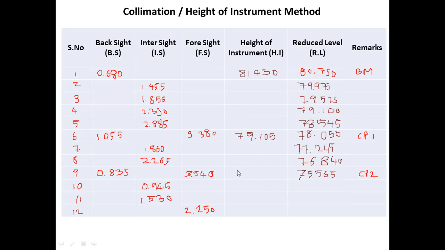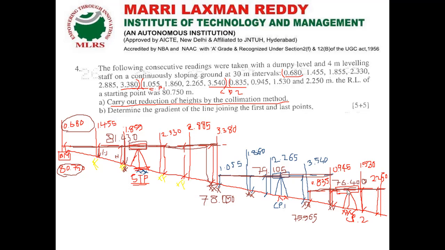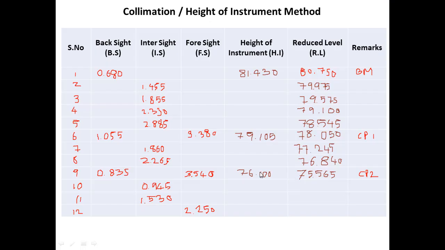Here the height of instrument with respect to CP2 is 76.400.